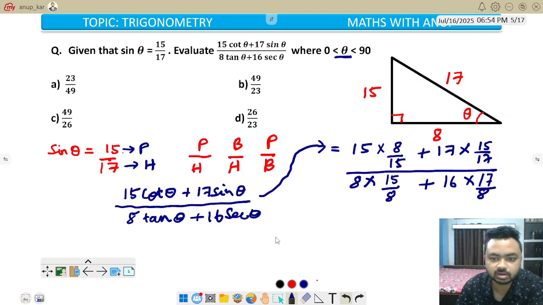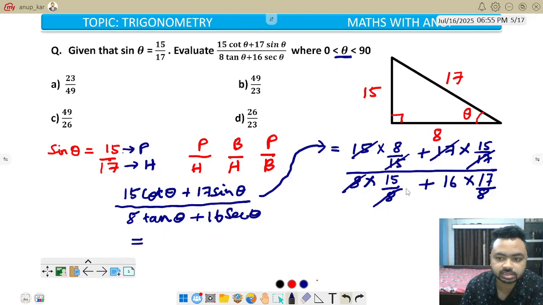If we further calculate it, 15 and 15 will get cancelled out, 17 and 17 will get cancelled out, 8 and 8 will get cancelled out.